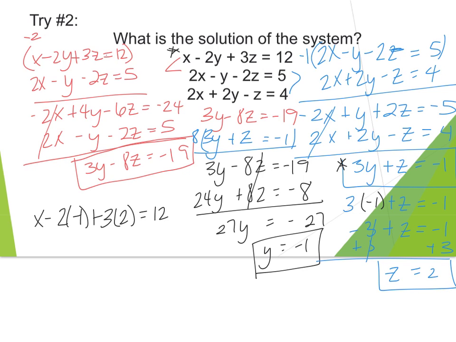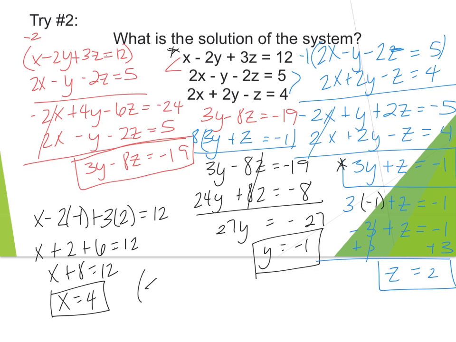If I use order of operations, I should have x plus 2 plus 6 equal to 12. That's really x plus 8 equal to 12. If I subtract 8 on both sides, I will have x equals 4. So our final answer as a point should be 4, negative 1, 2.